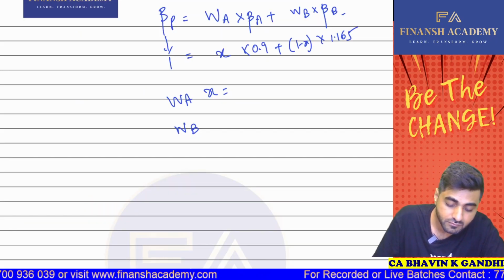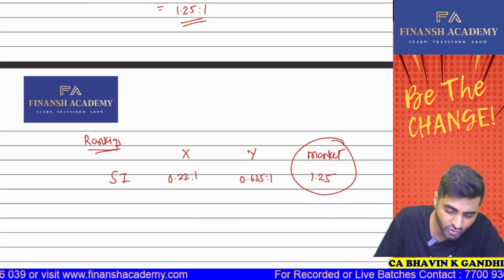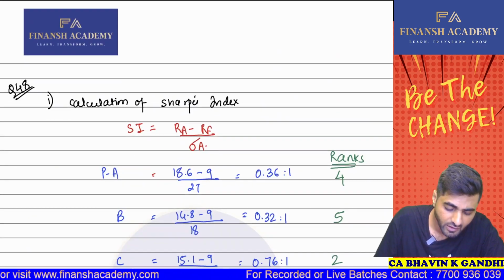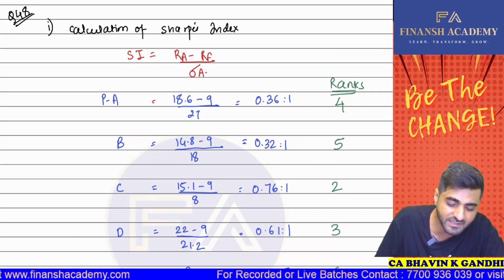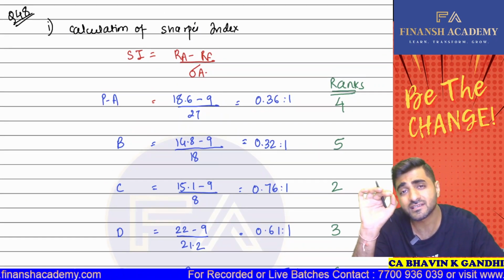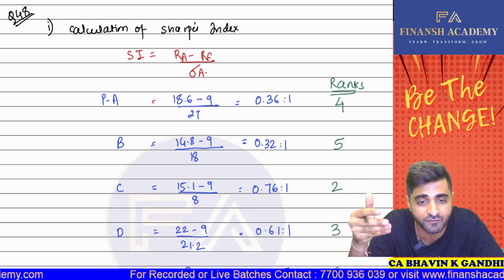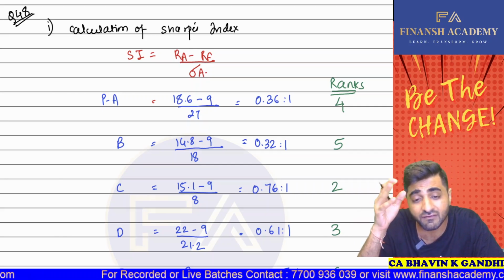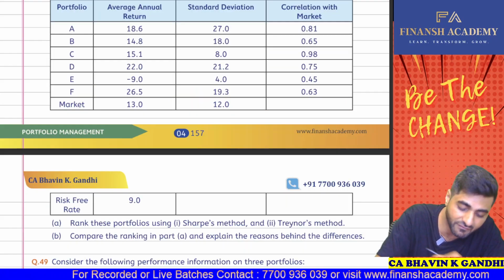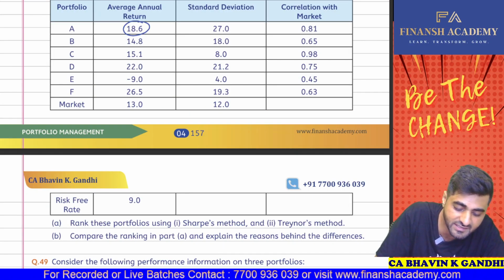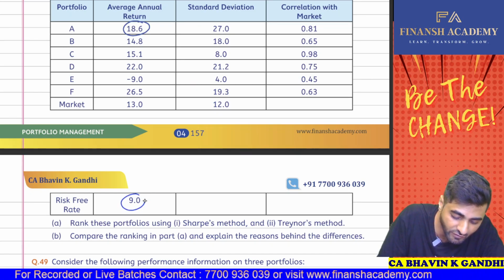Okay. So my dear students, when it comes to your rankings, first for Sharpe's index, as you all know, what is it? It is RA minus RF upon standard deviation, or the risk of the particular portfolio. So for every portfolio, we can calculate, we have the actual return, which is 18.6, and then we have the risk-free rate of 9.